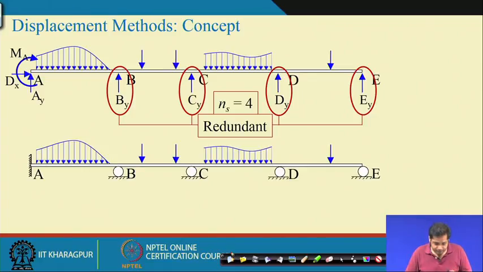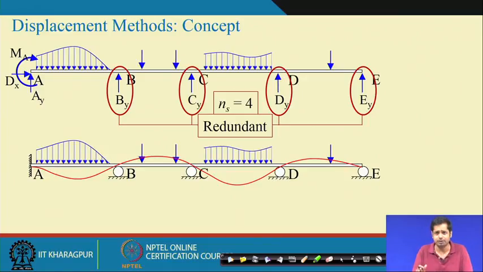Now, in the displacement method, as displacement plays the major role, let us assume the red one is the deformed shape of this continuous beam. The deformation could be different, but it is just for demonstration.